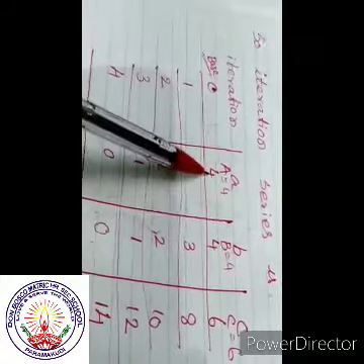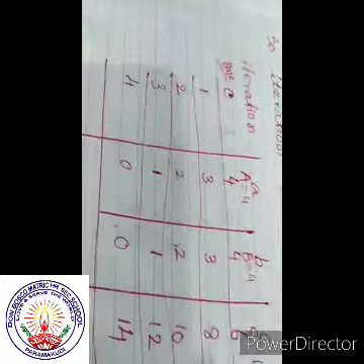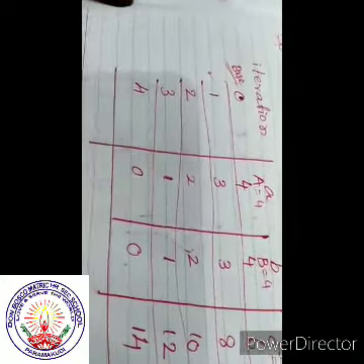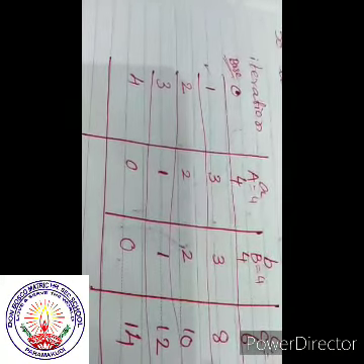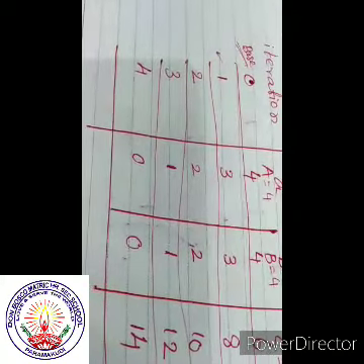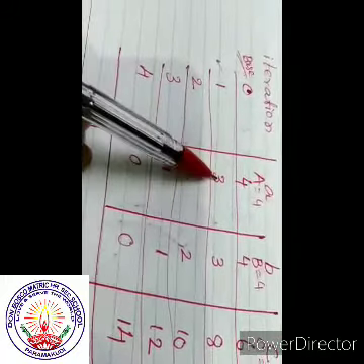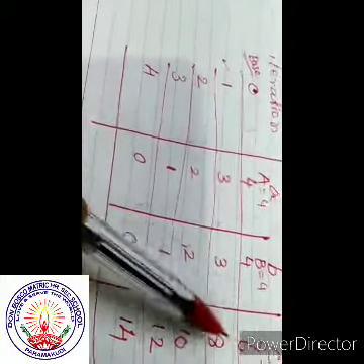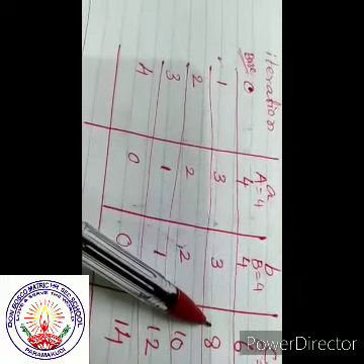In the first meeting, A value decreases by 1, B value decreases by 1, and C value increases by 2. So A, 4 decreased by 1, is 3. B value, 4 decreased by 1, is 3. C increases by 2, that means 6 plus 2, 8.